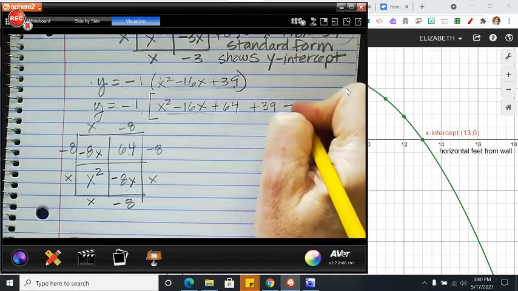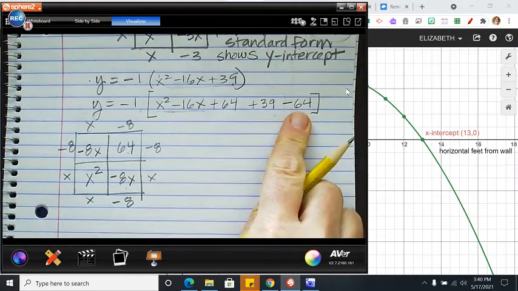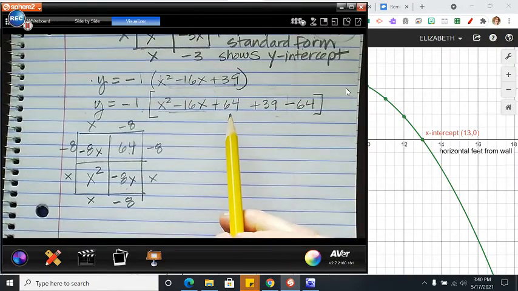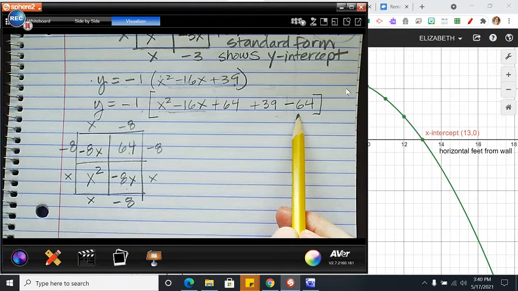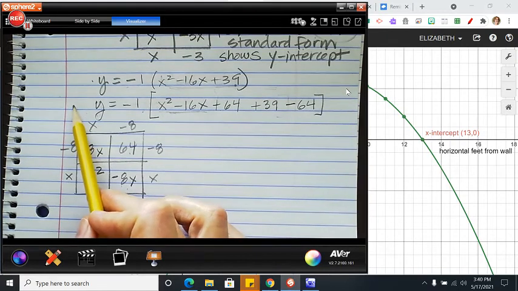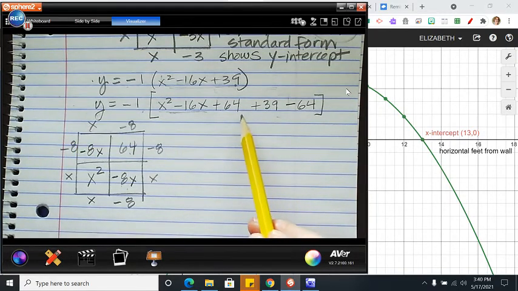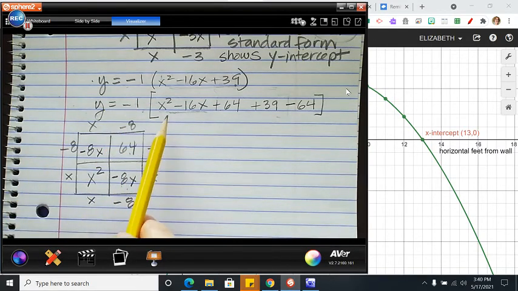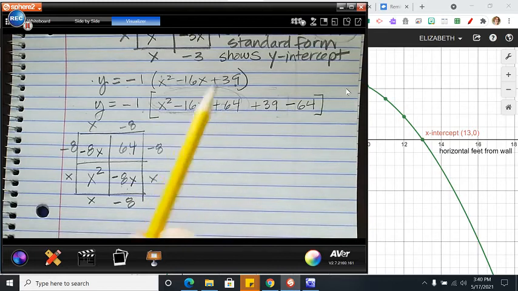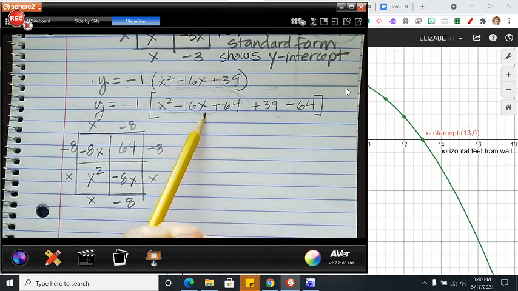And I realize this part may be a little bit weird because we didn't do it like this on Khan. But this is a legal move. If I add 64 on the right side and subtract it from that same side, I'm not changing the equation. It's the same as adding 64 to both sides. So one strategy for forcing this to be a square is to just add it and subtract it from the same side.